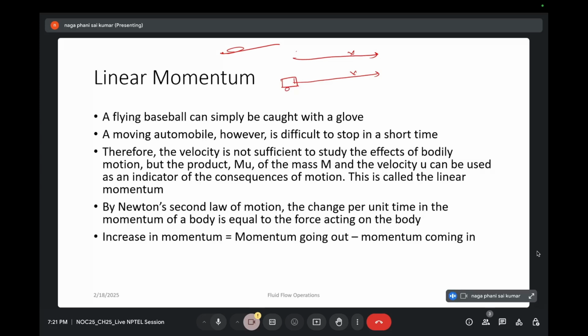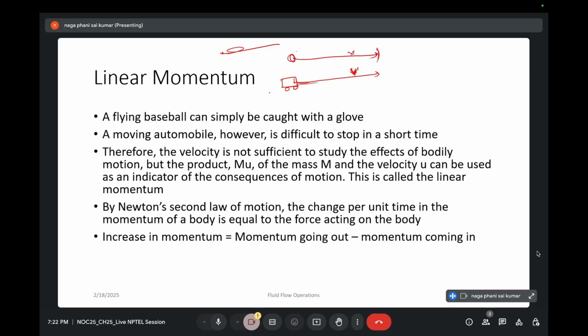Okay, so you will be able to stop this ball using a glove, right? Using a simple glove you can catch this or you can stop this. But whereas coming to car, you will not be able to stop this car simply by holding it or simply by stopping with your bare hand.